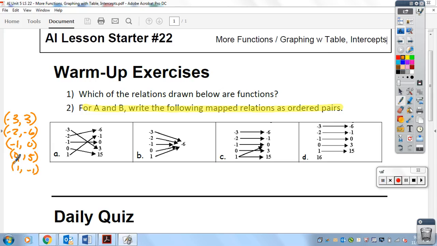As you can see, each of the x's are different, so it is a function. This is -3, comma 6. This one's -2, comma 6. This one's -1, comma 6. This one's 0, comma 6. And the last one is 1, comma 6. So they all go to 6. So I wrote them all as ordered pairs.